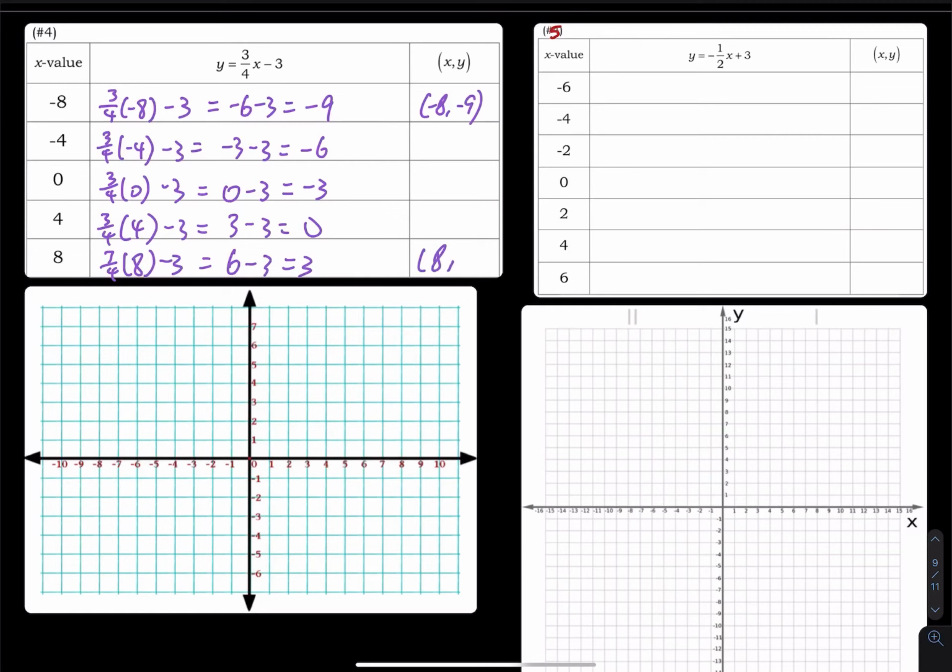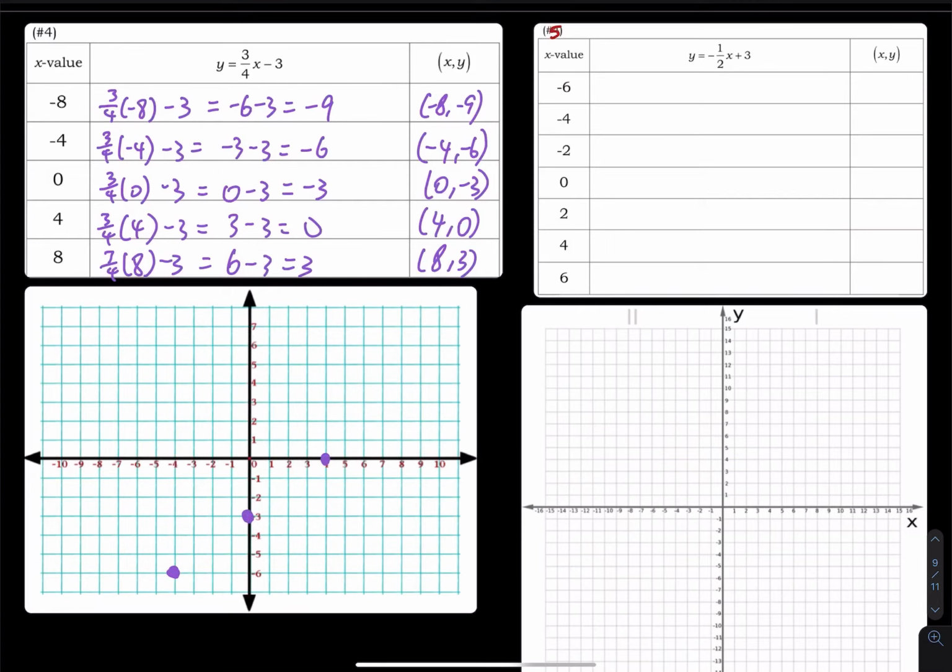So we have 8, 3; 4, 0; 0, -3; and then -4, -6. Okay, so -8, -9 is definitely out of the picture. How about -4, -6? -4, -6 is right here. And then 0, -3. And then 4, 0.